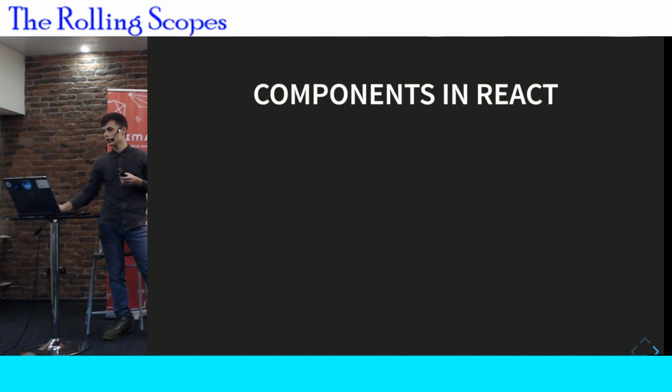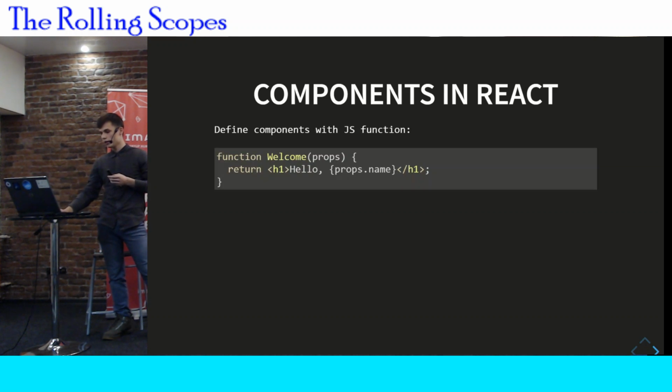Okay, components in React. Each application can be divided into components, these components into others, and so on. Splitting the UI into independent reusable components helps us think about each piece in isolation. The simplest way to define a component is to write a JavaScript function.